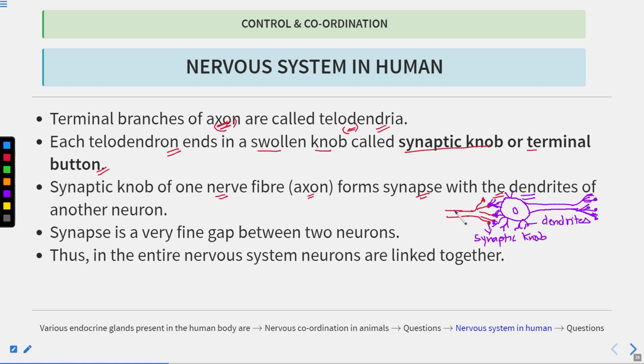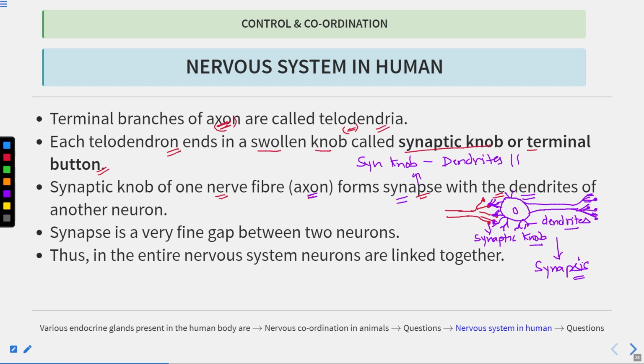So the synaptic knob and the dendrites form the synapses, and this is very important for the conduction of the nerve impulses. So this is how the nerve impulses are transmitted from one nerve to another nerve by the formation of the synapse, and the synapse is formed between the synaptic knob and the dendrites of another axon.